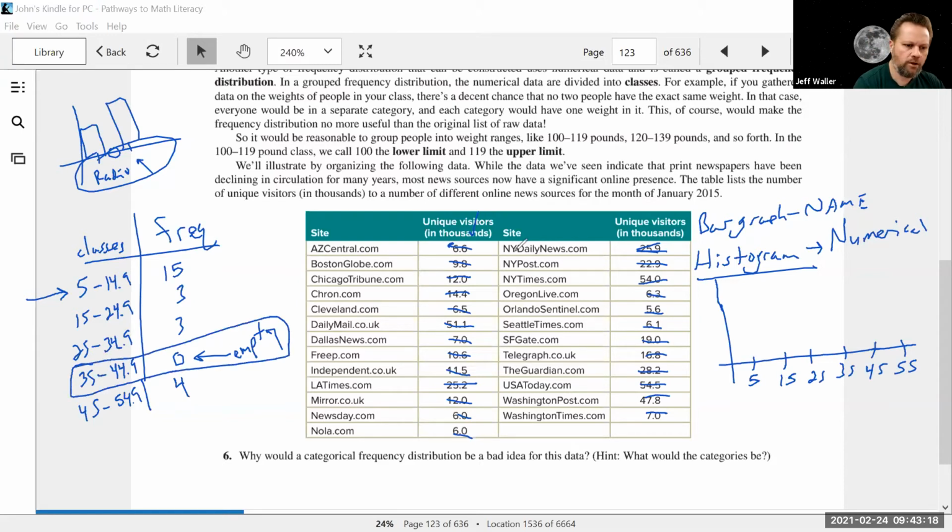Yes. So how tall will the first bar be from 5 to 15? 15. So my scale, that's the tallest bar, right? So what scale should I use here? What's a good scale for this? Yeah, let's try 5. So, well, 5, 10, 15.